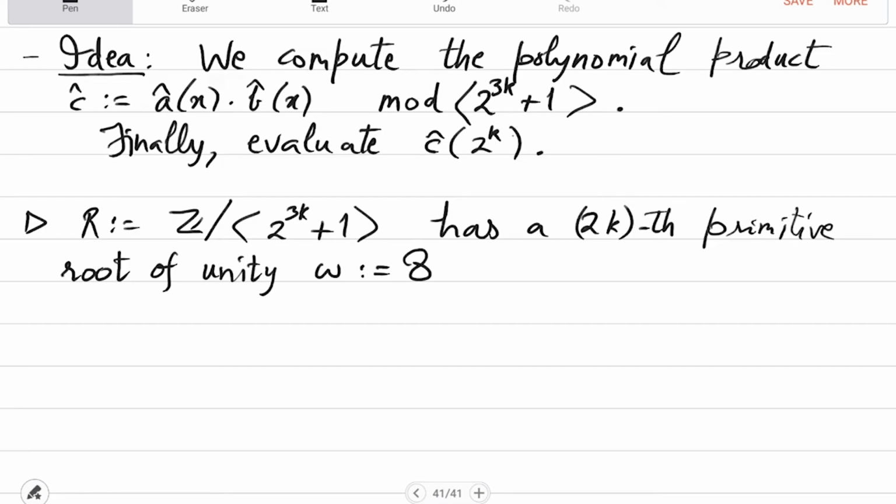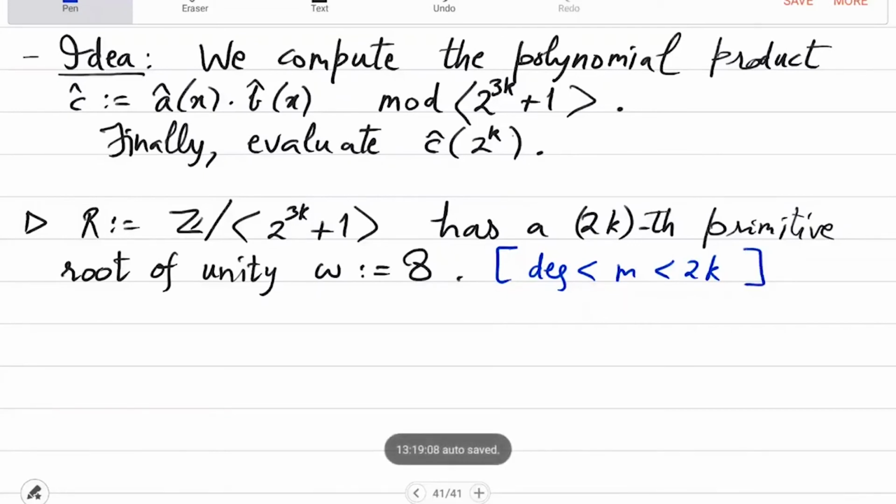And 2k should be enough because your polynomials have degree less than m, and m is less than 2k. So this 2k is more than what we needed. Okay, so this is the right kind of omega, looks like.